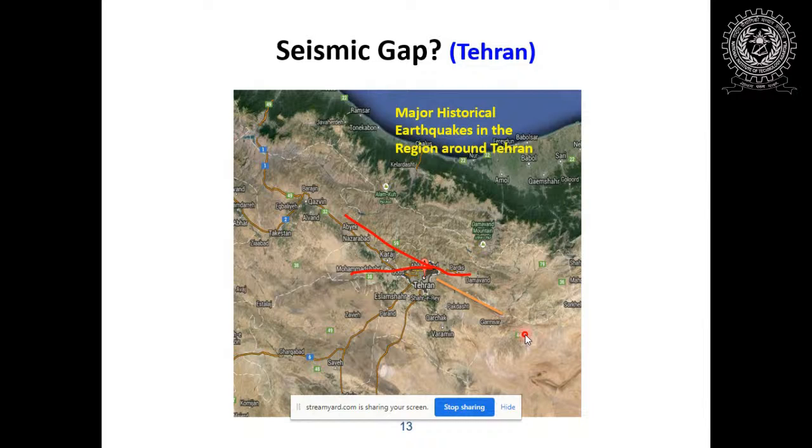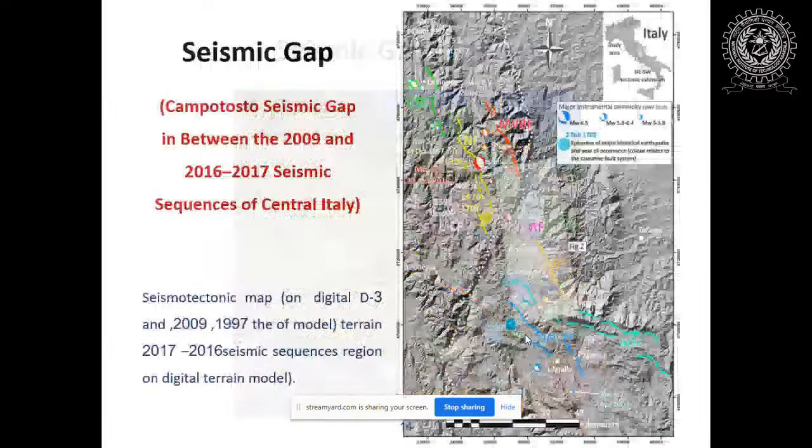Maybe think about the seismic gaps along these faults. We may speak more about these earthquakes.